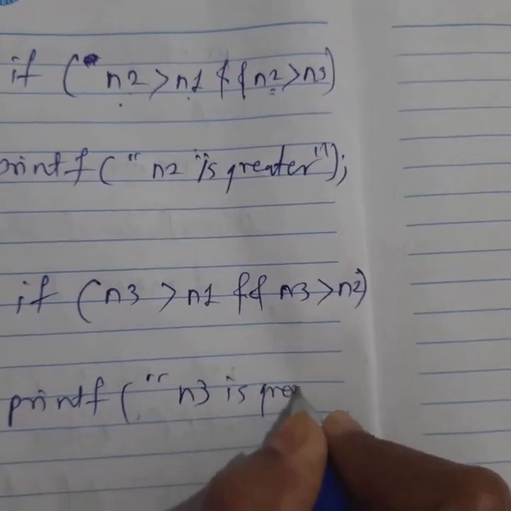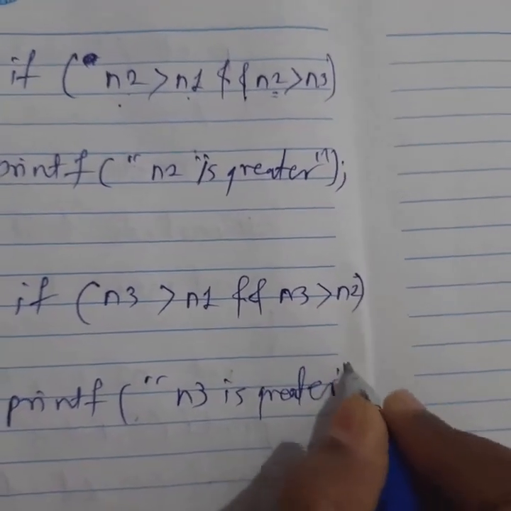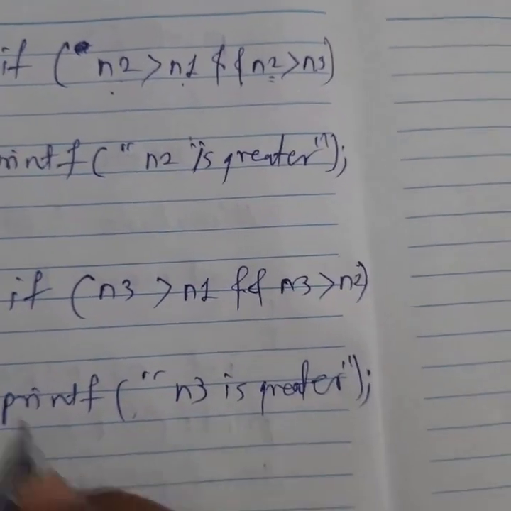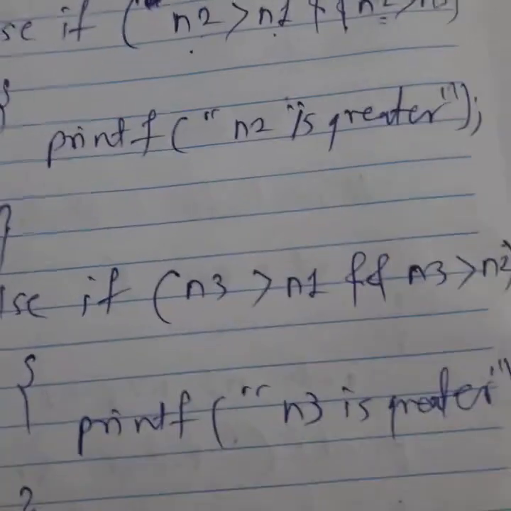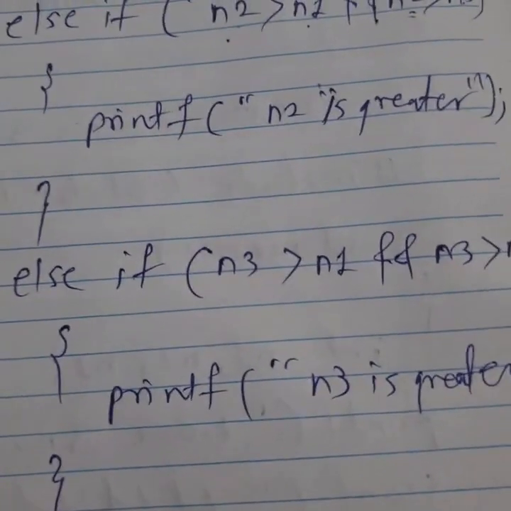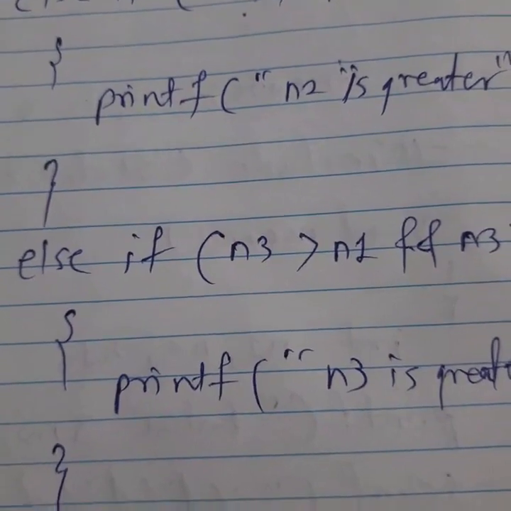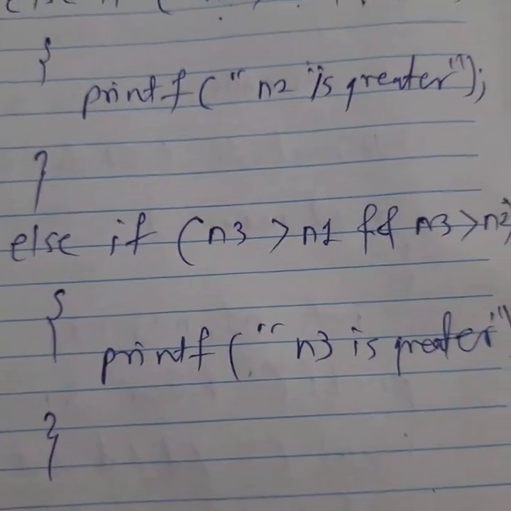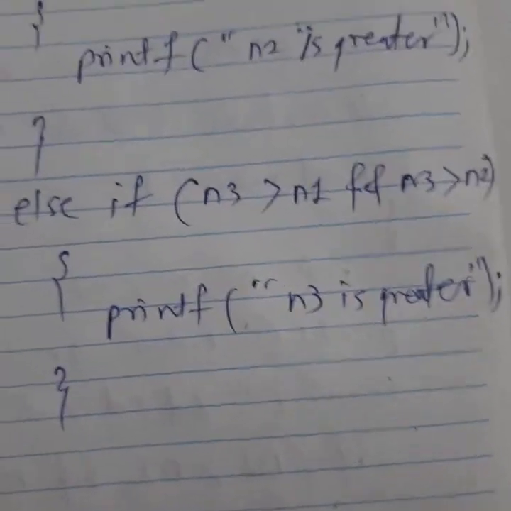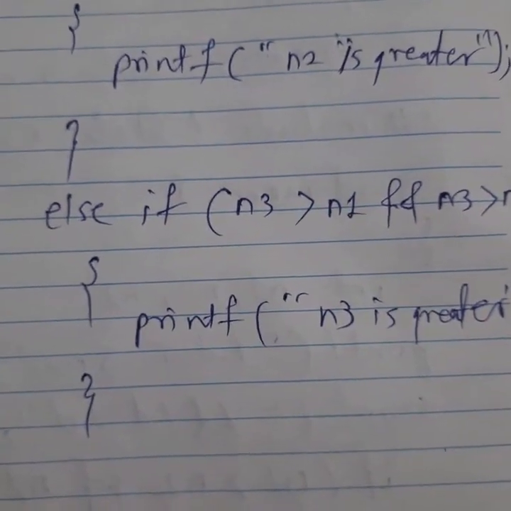Now we have written the conditions: number 1 is greater than number 2 and 3, number 2 is greater than number 1 and 3, number 3 is greater than number 1 and 2. But a new condition also comes here, that is all numbers are equal.